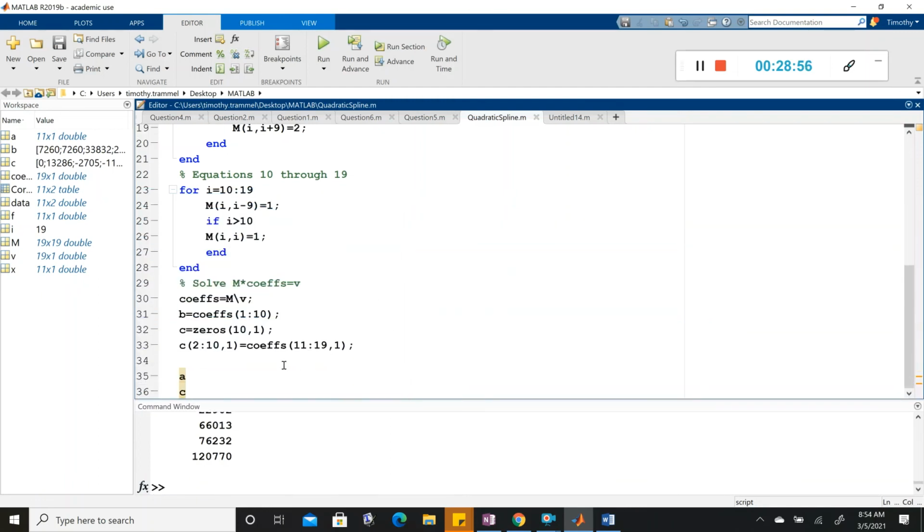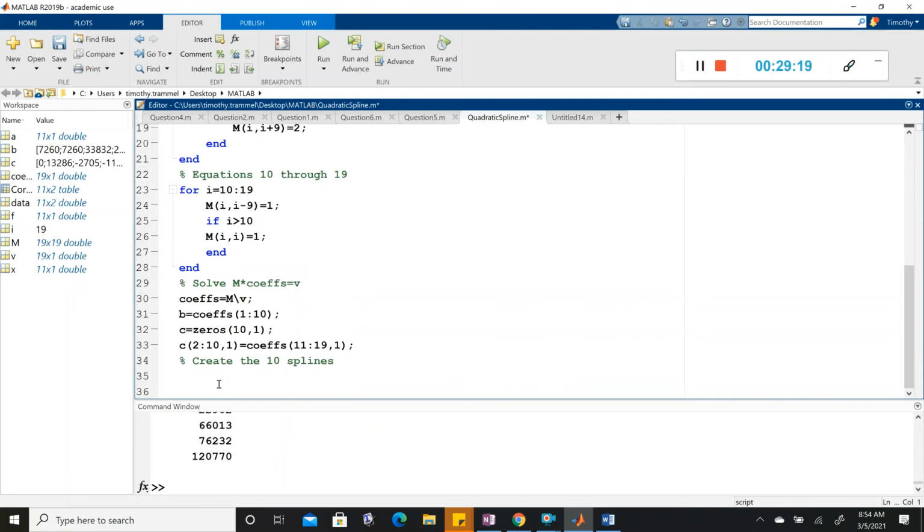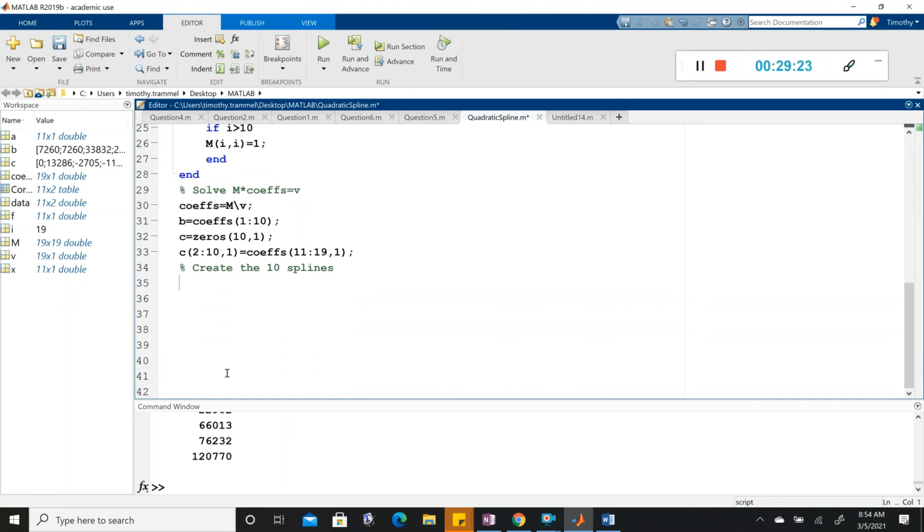Okay. So next we'd like to actually check our work here, see if this actually works. So we're going to want to essentially create 10 functions, right? We were going to have 10 splines. Let me make a little bit of space here.